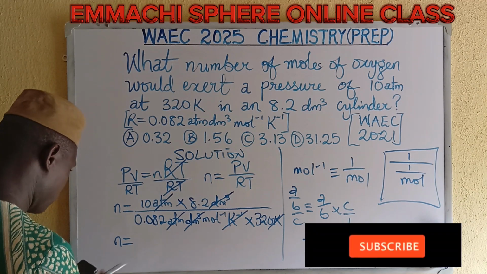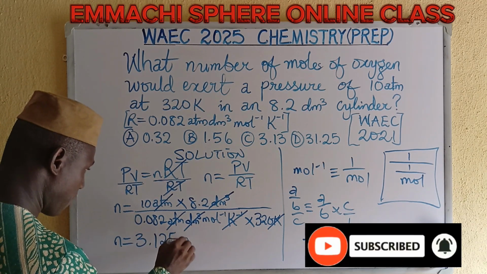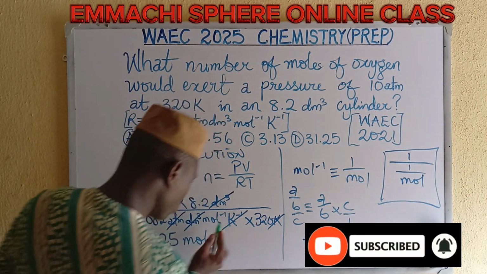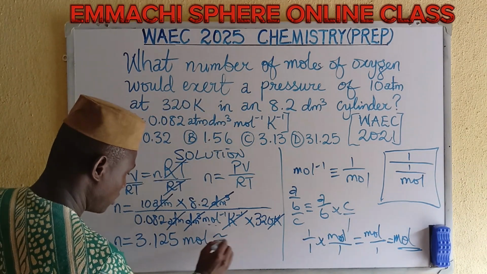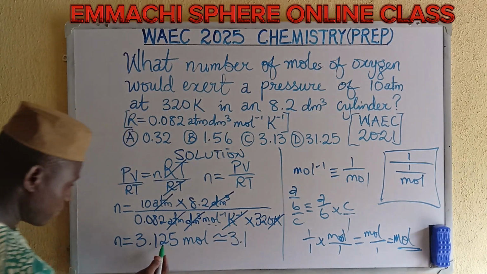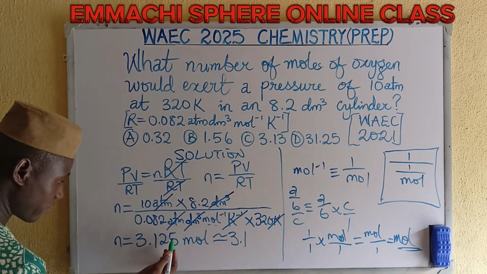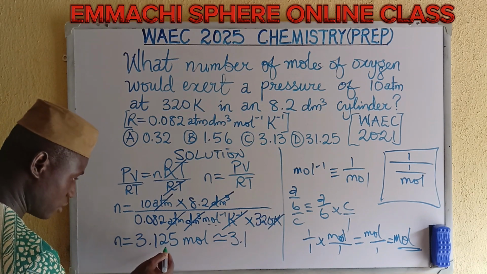Now this gives 3.125 mole. Now when we approximate this to 2 decimal places, we'll stop at this value here.